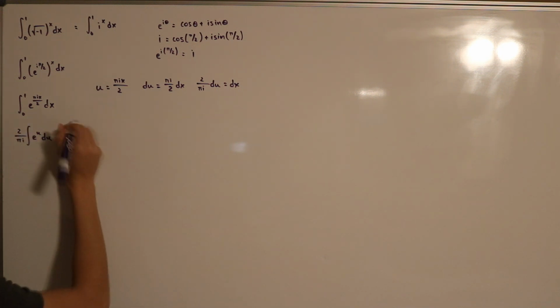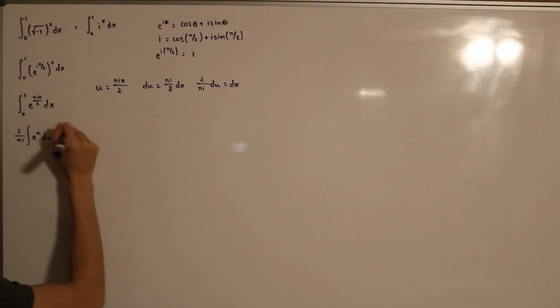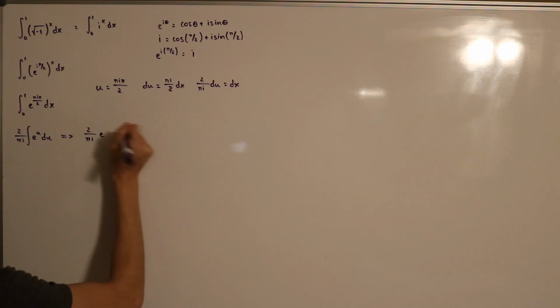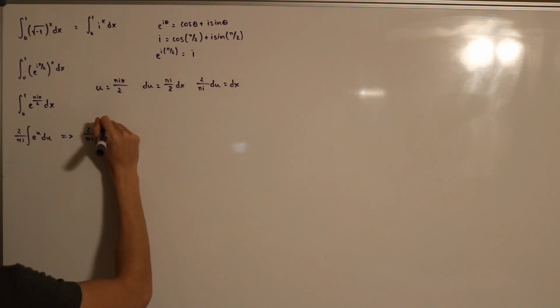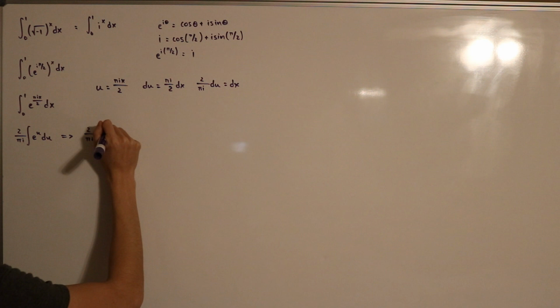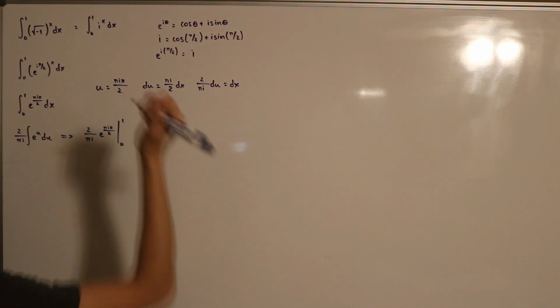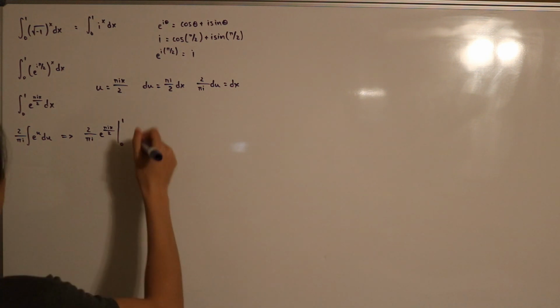The integral of e to the u is simply e to the u. And so we have 2 pi times e to the pi i x divided by 2, evaluated from 0 to 1.